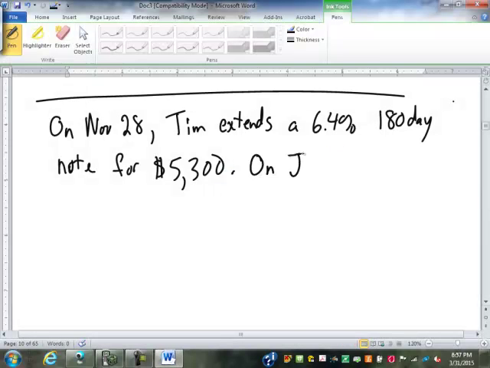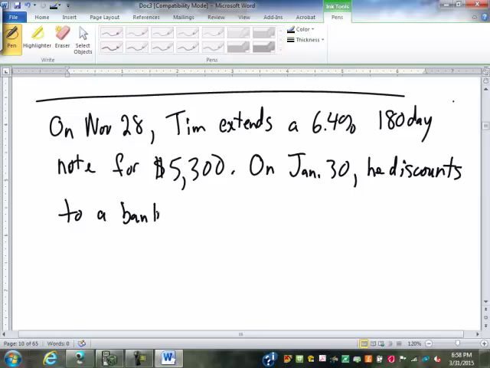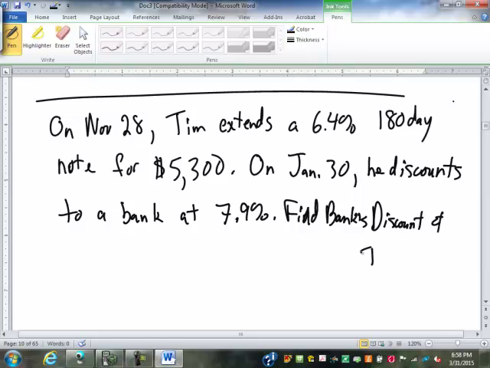On January 30th, he discounts the note to a bank at a discount rate of 7.9%. Find the bank's discount and Timmy's proceeds.